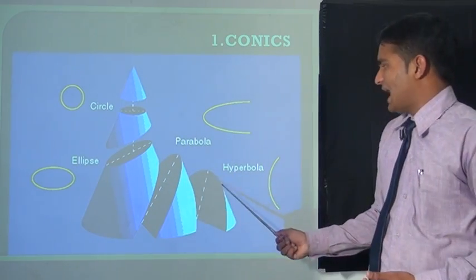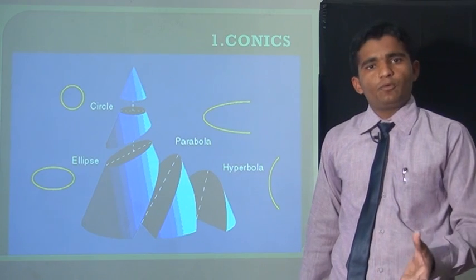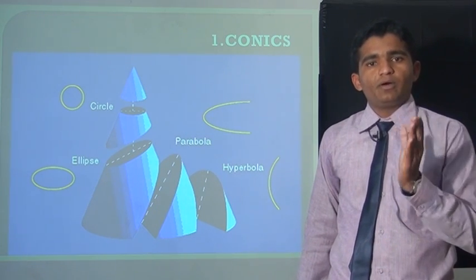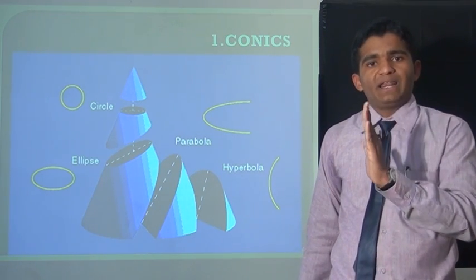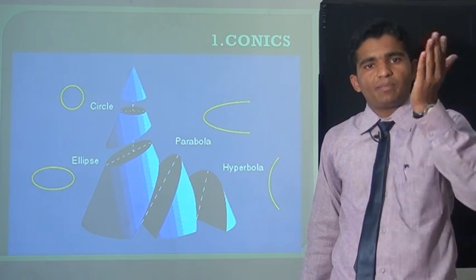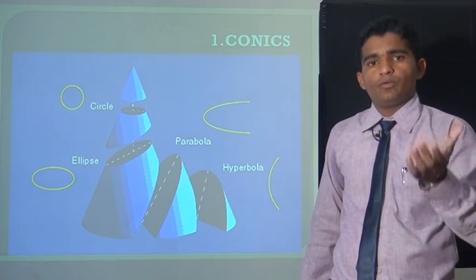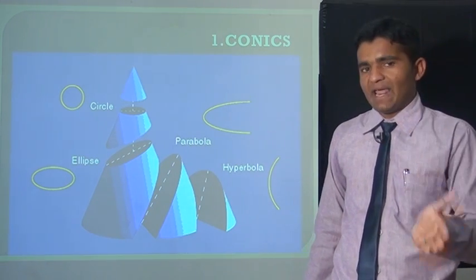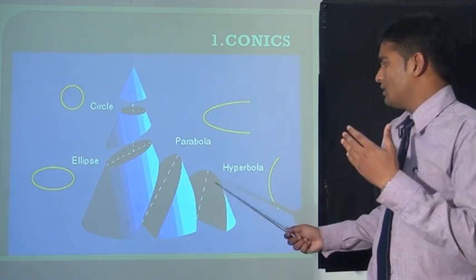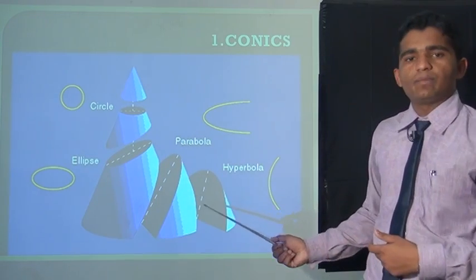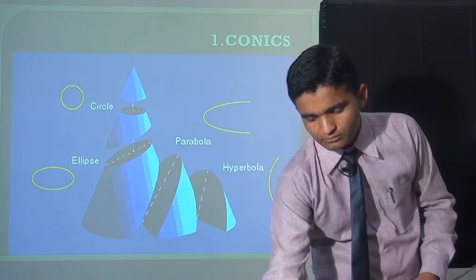Now for the hyperbola, if we put the cutting plane parallel to the axis of the cone and perpendicular to the base, but not on the axis of the cone, as a result of that cutting plane we will get a hyperbola on the surface of the cone.